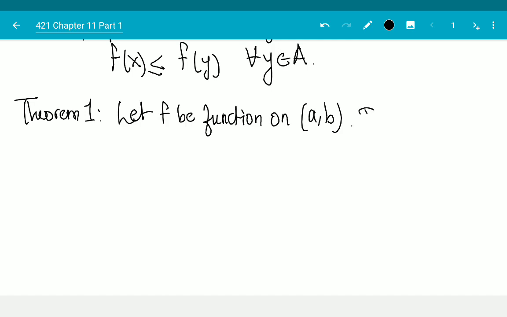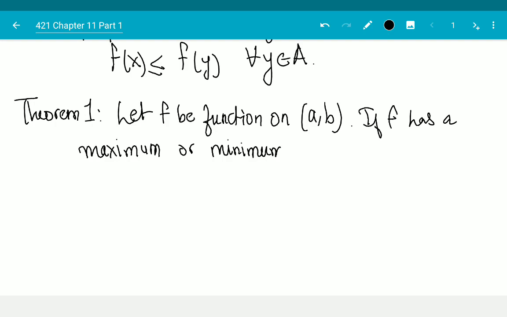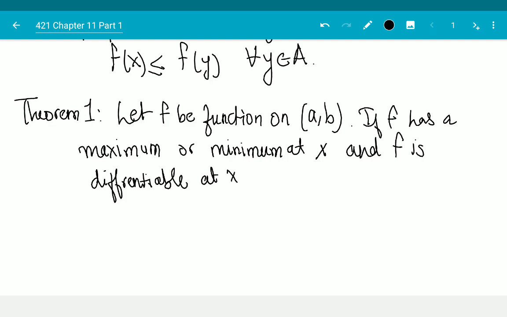If f has a maximum or minimum at x and f is differentiable at x, then f prime of x is equal to 0.